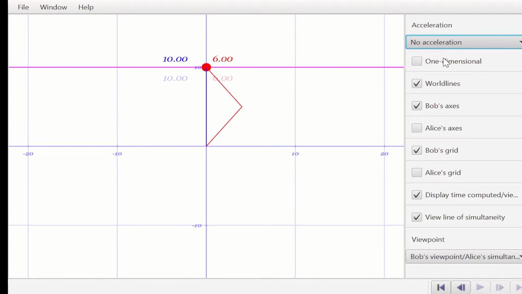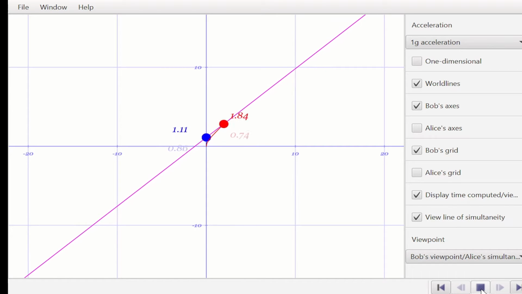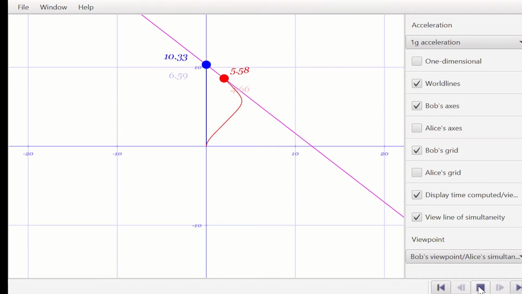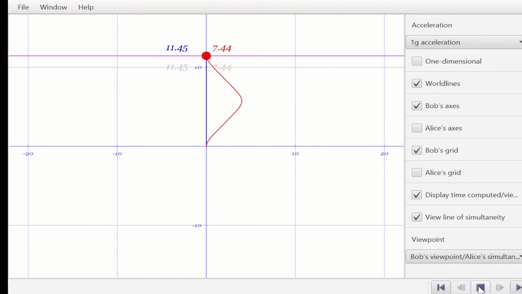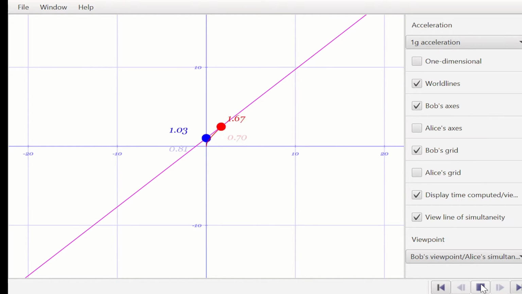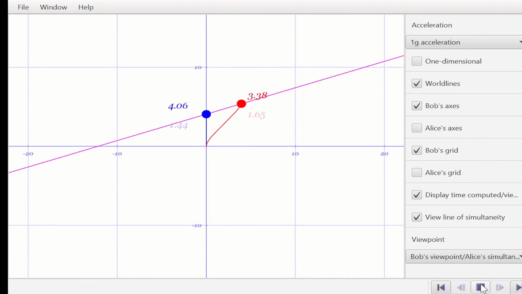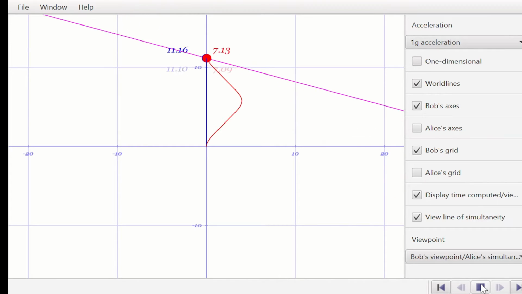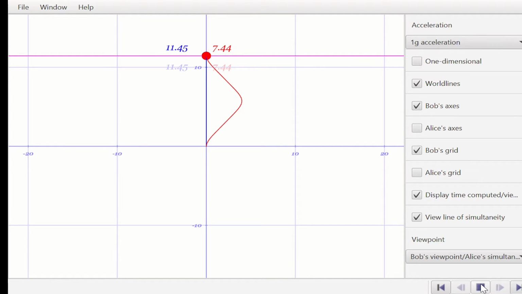The next thing I'll do is change to 1g acceleration. And so it's exactly the same problem as before, except now you get to see it without the weird unphysical events in the middle. Let me play that again. So here you can see that instead of instantly transferring between 2 times, the line of simultaneity kind of speeds up along Bob's world line.